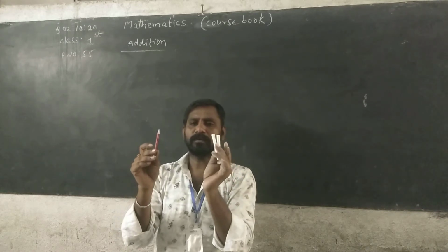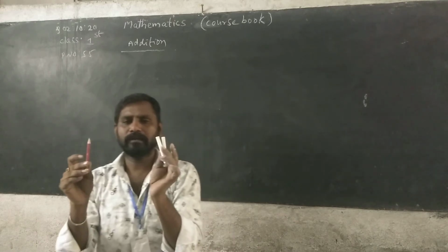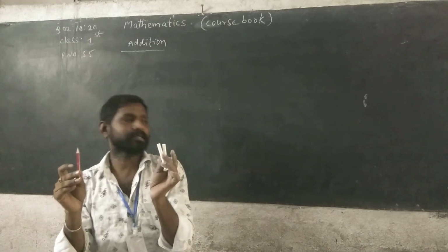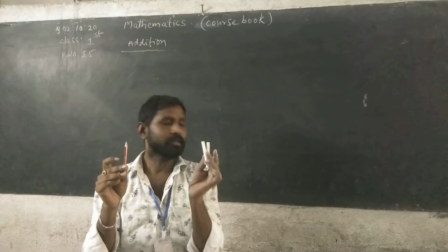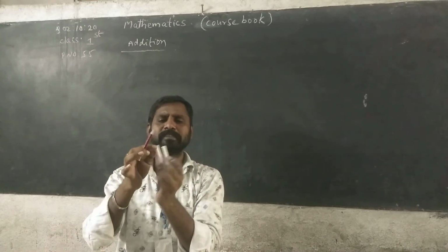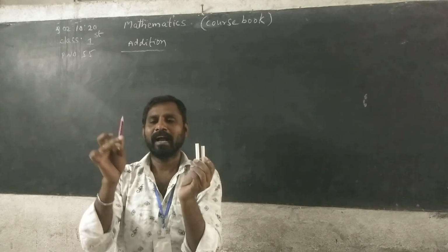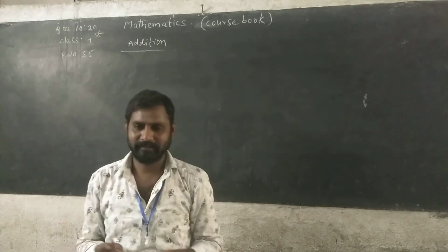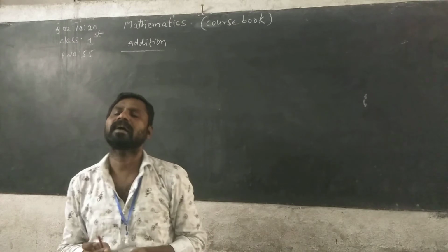So two or more numbers together means you can add. So here two pieces of chalk and one, total 3. This is called addition.